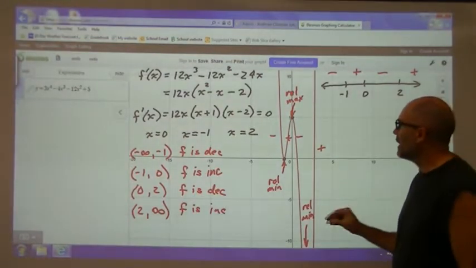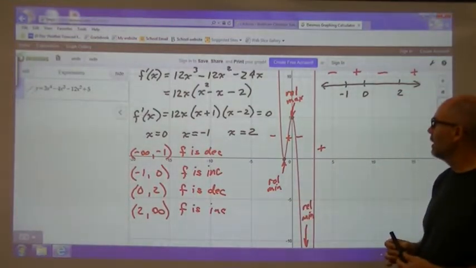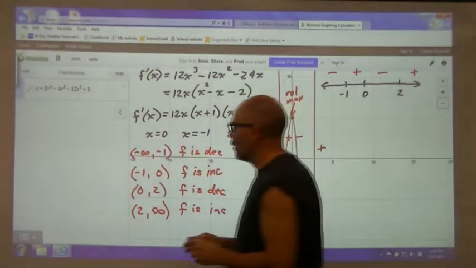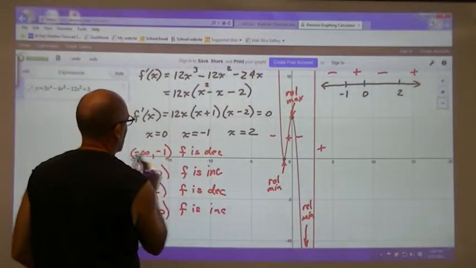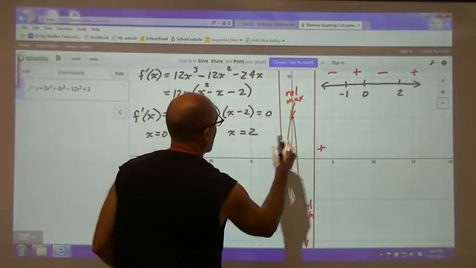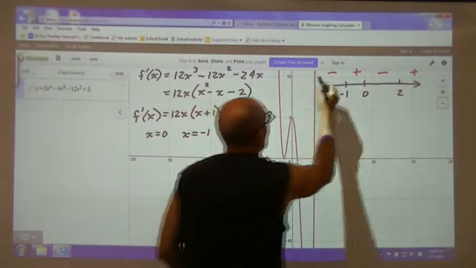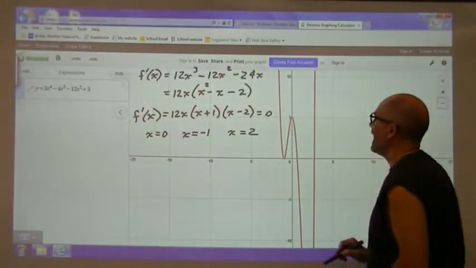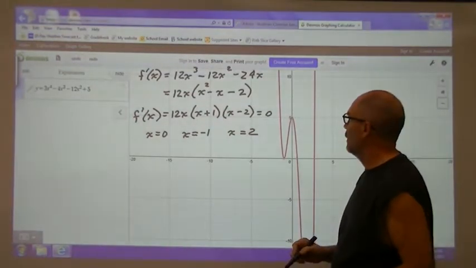Now, let's look at concavity here. First of all, let's just get rid of all this junk. Concavity has to do with the second derivative.